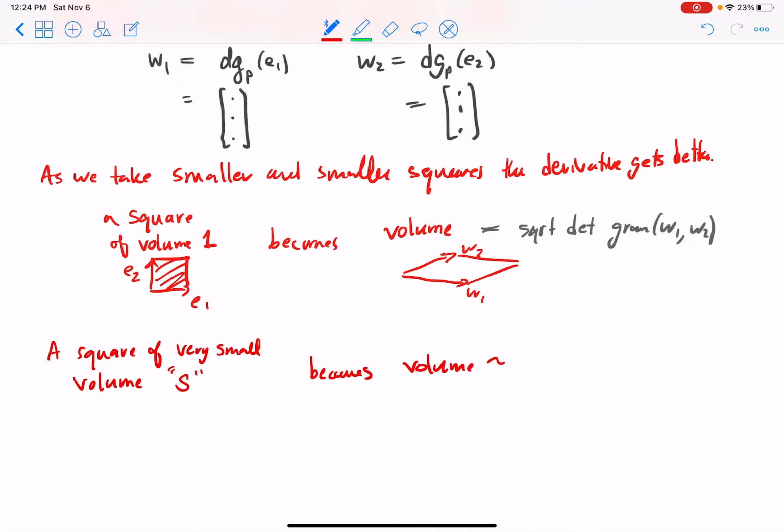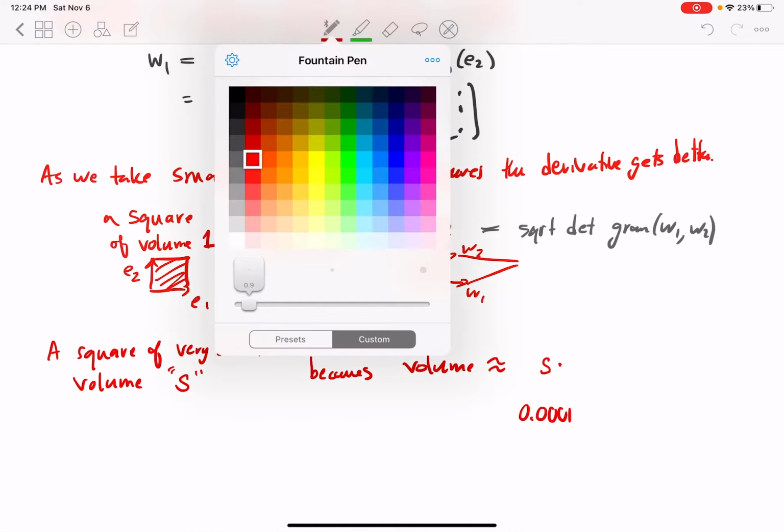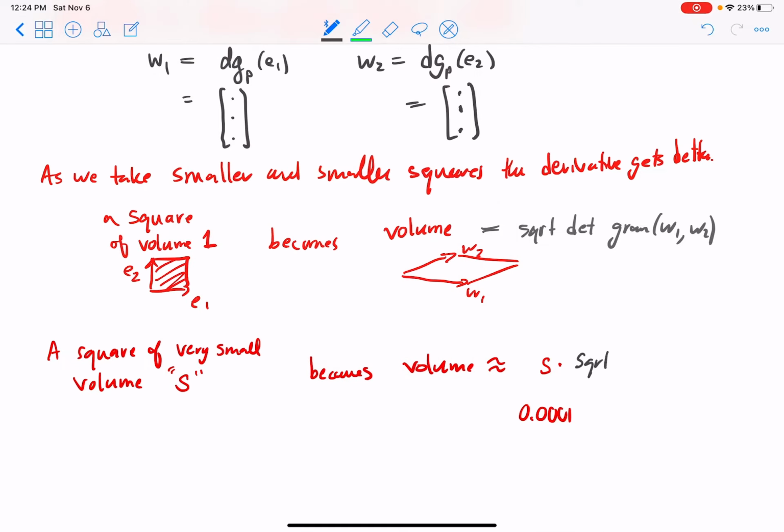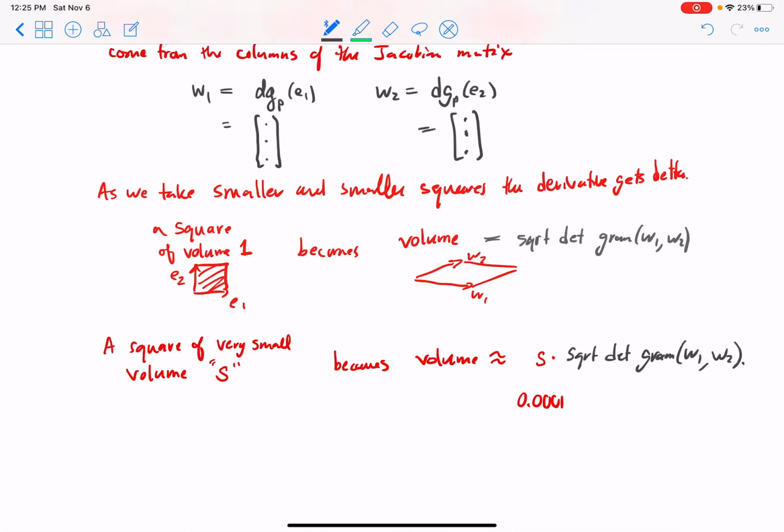The volume becomes roughly equal to S times just this very small number, like maybe it's 0.001, multiplied by the square root of the determinant of the Gram matrix of the columns of the Jacobian matrix. There it is.